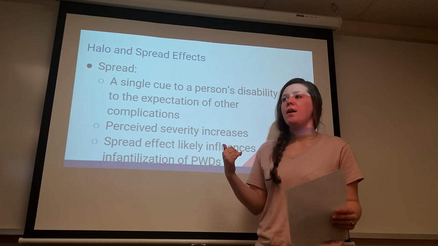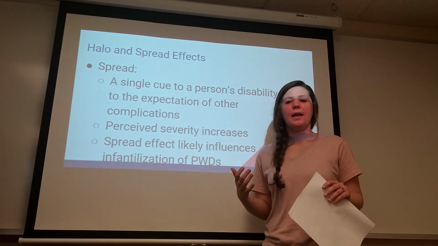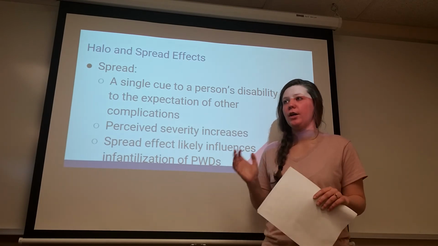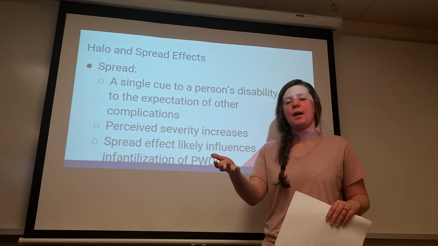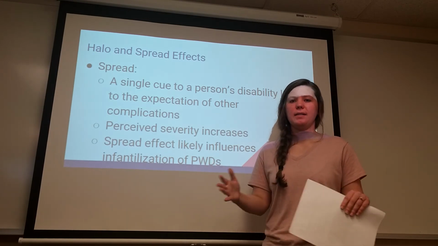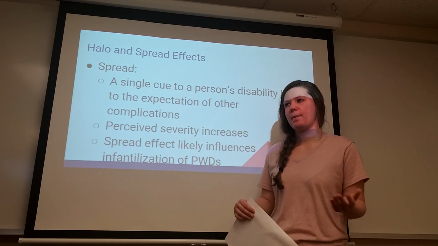An additional effect is the spread effect, and this is also similar to the halo effect. So when someone perceives that a PWD is having one negative attribute, that creates this ripple effect, and they assume that there are even greater negative attributes that go along with that person.